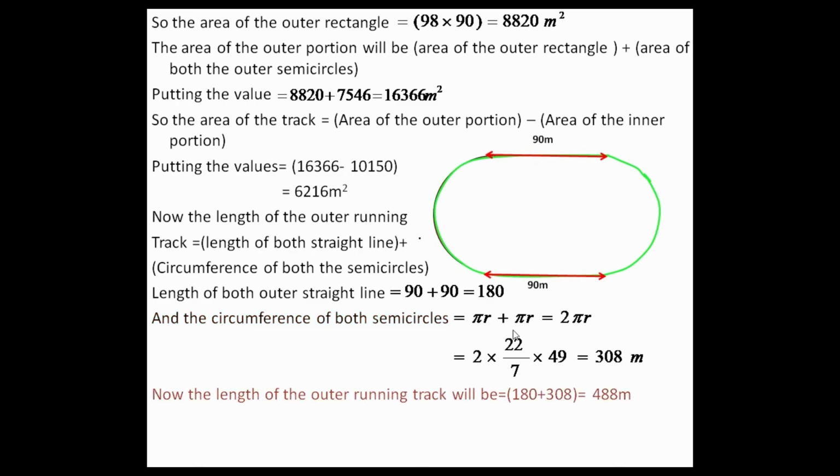Now we just need to add 180 plus 308 meter. We are adding these two red lines with these two green lines to know the complete length, which is 488 meter. Now the question is finished. We have carried out the area of the track and the length of the outer running track. The question is solved.